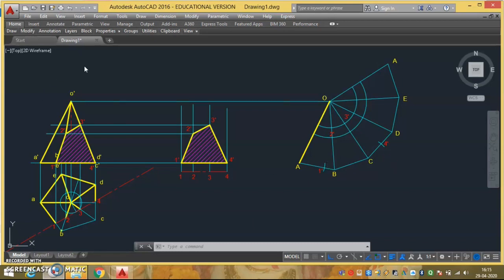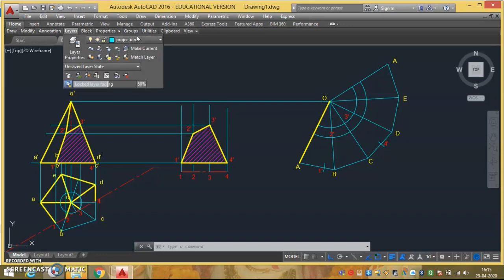Now I'll be joining with the help of object lines.